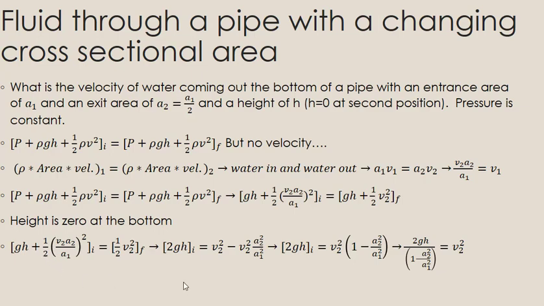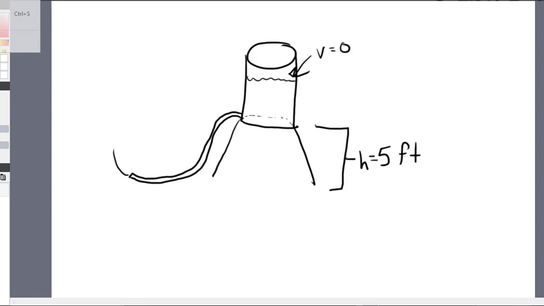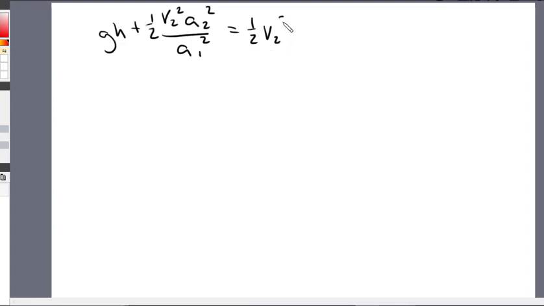First of all, let's write out what actually happened here. It's getting kind of convoluted, I can tell. So we say that GH plus 1/2 V2 squared A2 squared divided by A1 squared is equal to 1/2 V2 squared.